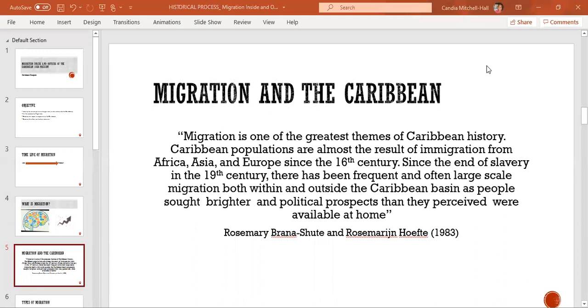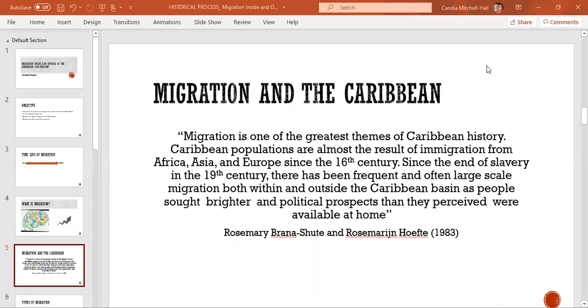Since the 16th century, since the end of slavery in the 19th century, there has been frequent and often large-scale migration both within and outside the Caribbean basin as people sought brighter economic and political prospects than they perceived were available at home.